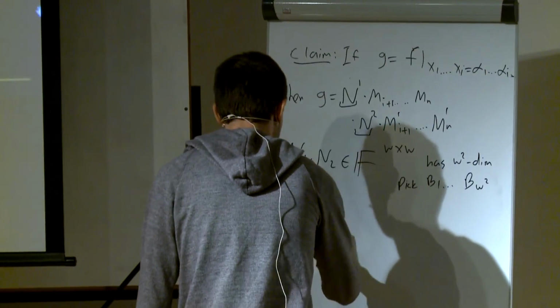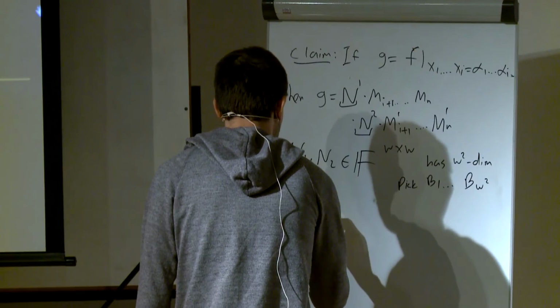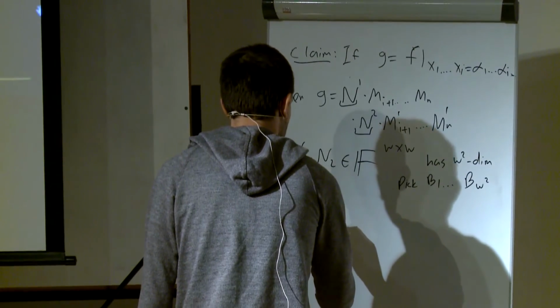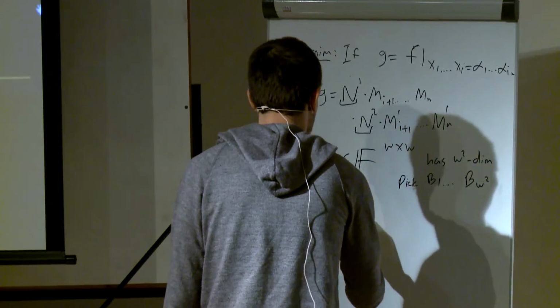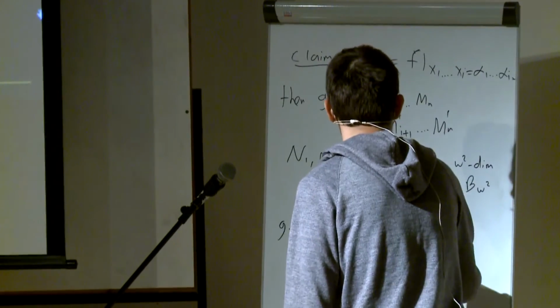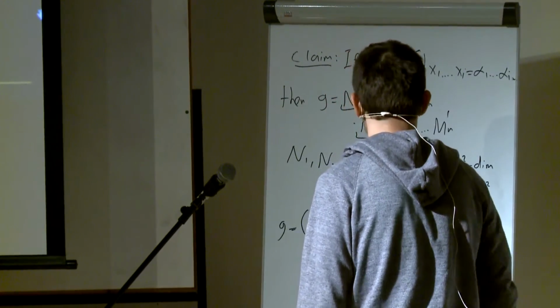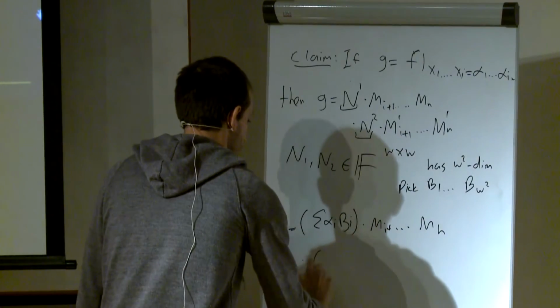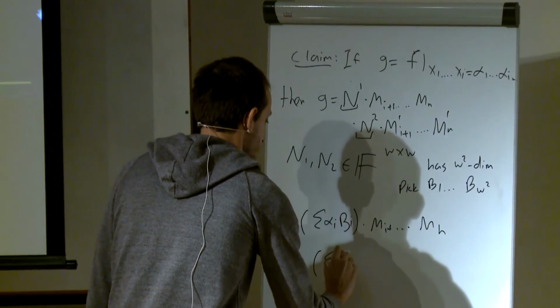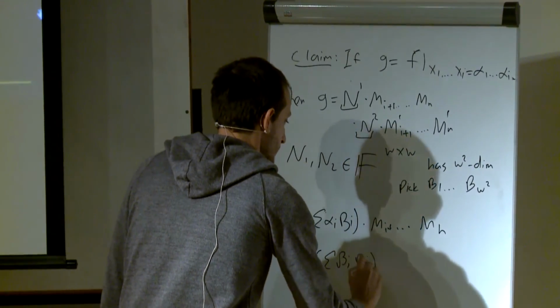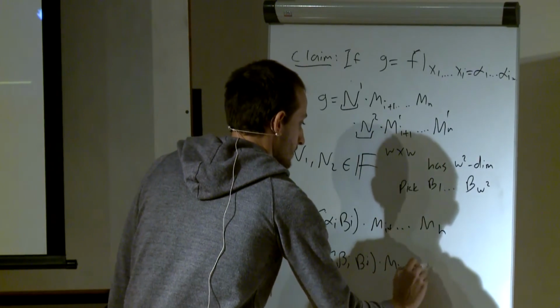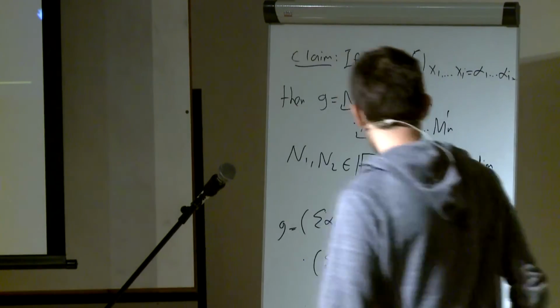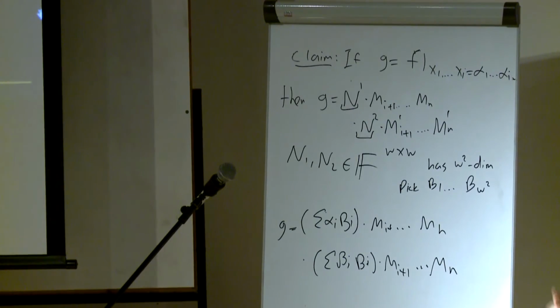So what I'm going to write is sum alpha i bi, mi plus 1 through mn, times sum beta i bi, mi plus 1 through mn, and then you can just expand this product, right?